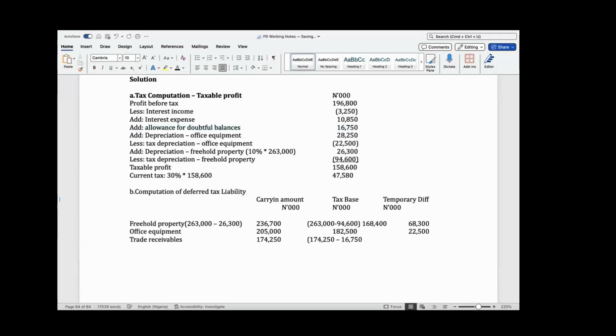So what's that difference? Let's remove it from the tax base. 157,500. So the difference will be that one. And this will be a deductible temporary difference.